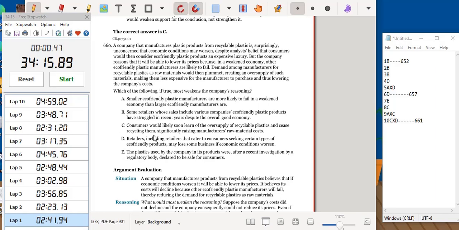Okay, let me argue for option A, smaller eco-friendly plastic manufacturers are more likely to fail. Okay, so they have said that other companies will fail, and that was said here also. Instead, they have specified that only the smaller ones will fail.